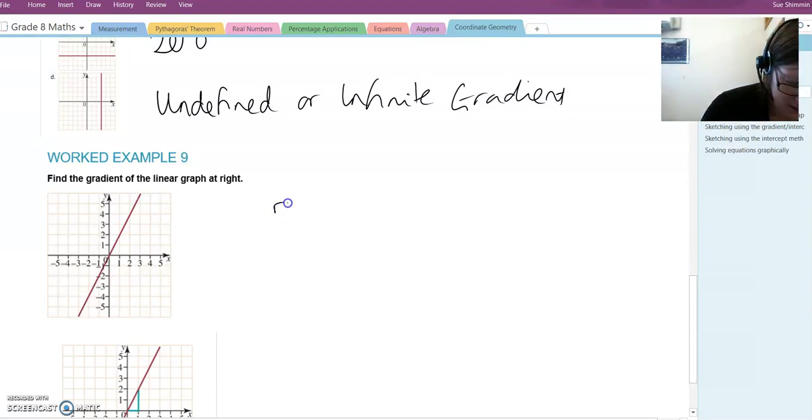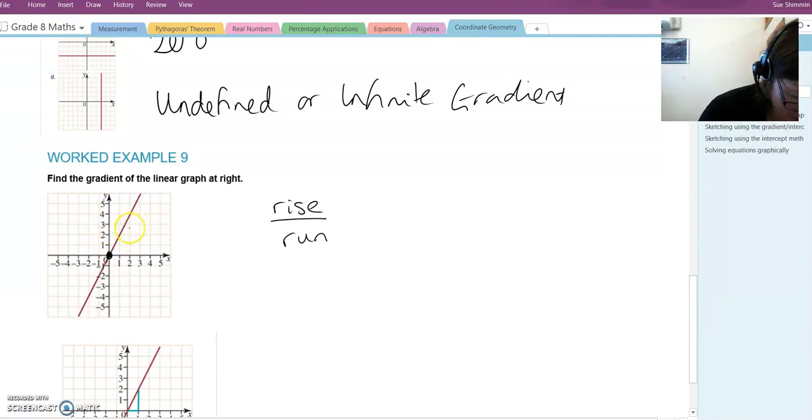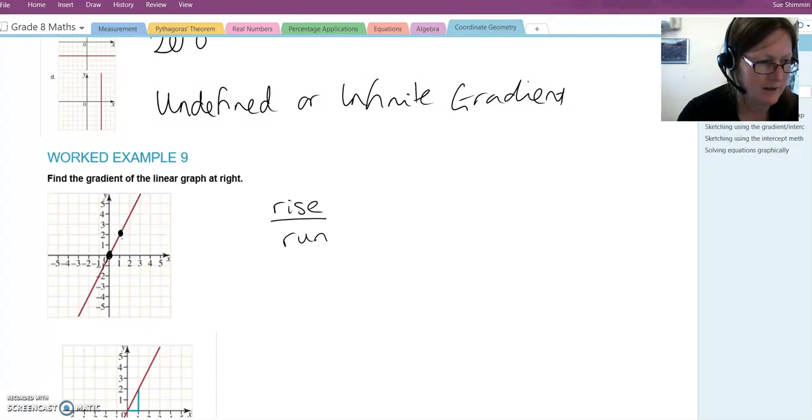So our gradient is rise over run. So I choose two convenient points on this line. So I'm going to, for example, put a point here, and I will choose a point there. So they're convenient points on the line because they go through the grid exactly.